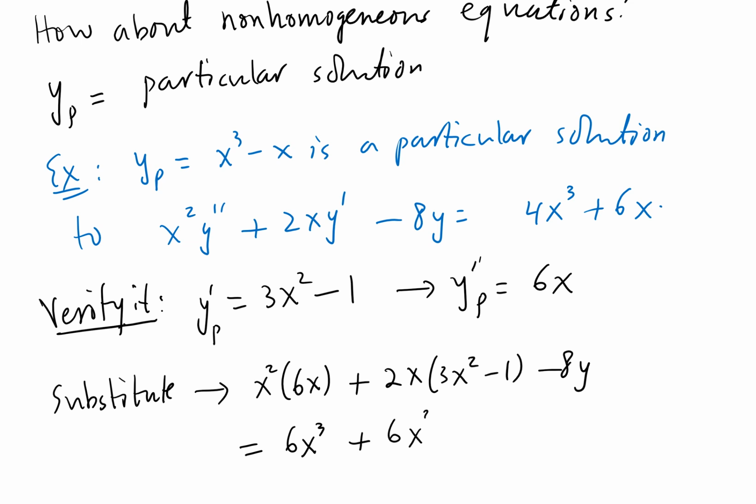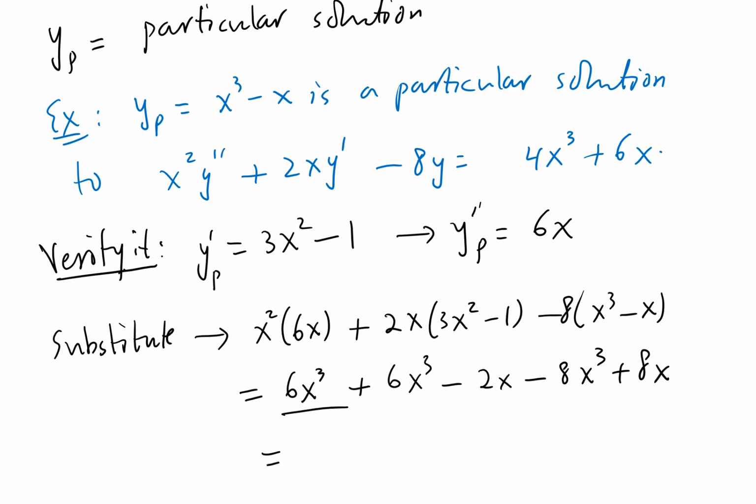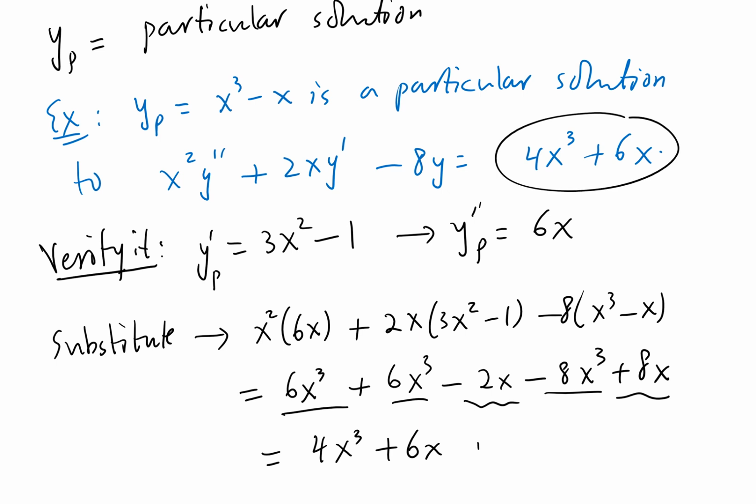Distribute this out: 6x cubed minus 2x minus 8y, where y means y sub p, x cubed minus x, so minus 8x cubed plus 8x. What do we get? 6 plus 6, 12, minus 8, 4x cubed. And this plus this is 6x. And that matches this one. So usually that's the particular solution. We call it particular, usually it's the solution for the one on the left side.